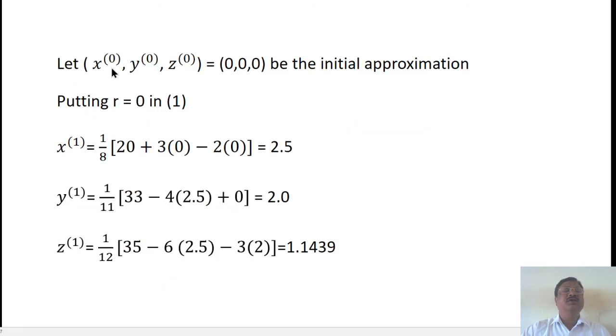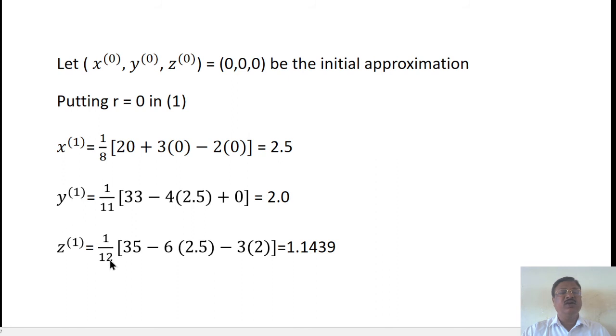So now put the initial approximation as 0, 0, 0. Putting r is equal to 0 in 1, we will get x raised to 1 is equal to 1 upon 8, 20 plus 3 into 0 minus 2 into 0, which will give 2.5. y raised to 1 is 1 upon 11, 33 minus 4 into 2.5 plus 0, that will give you 2.